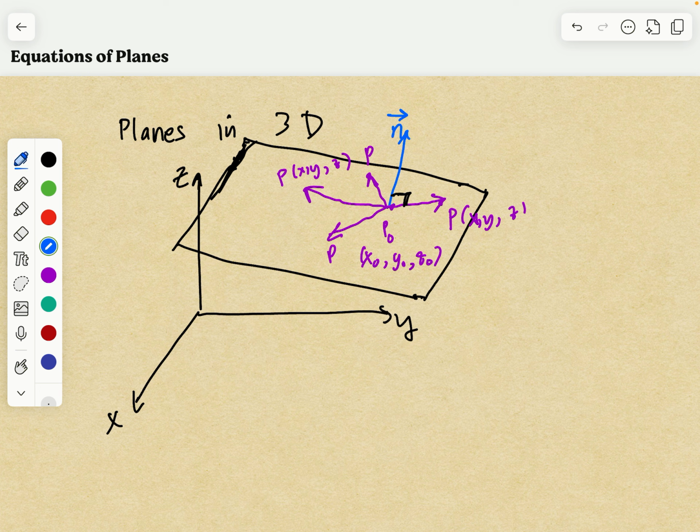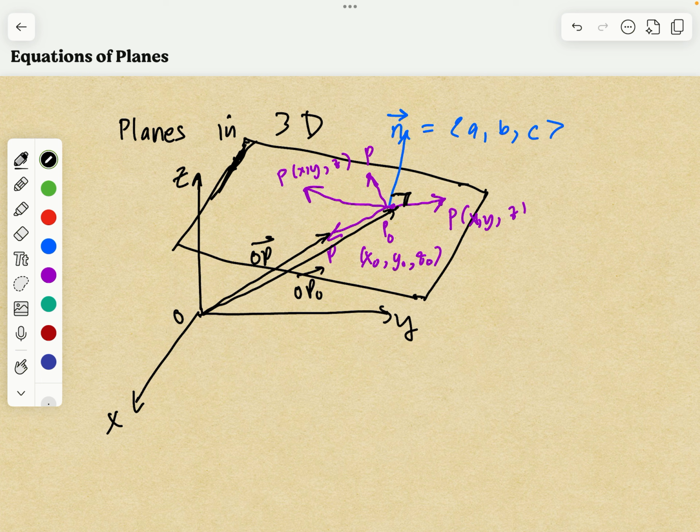So let's say that our vector n is a, b, c. Let's say those are the components. Then P minus P0, so let's just clarify that we're taking the vectors OP and OP0. So here's OP, and OP0 is this vector.